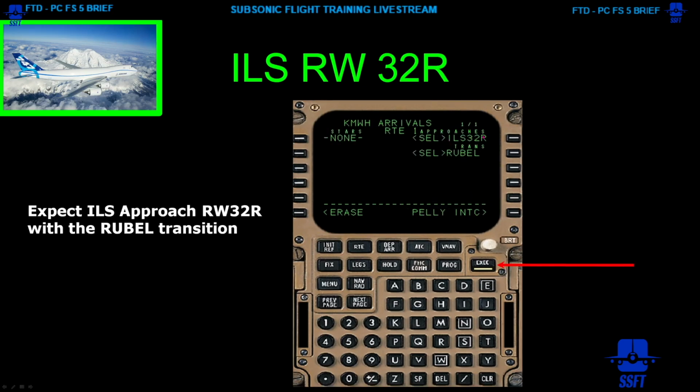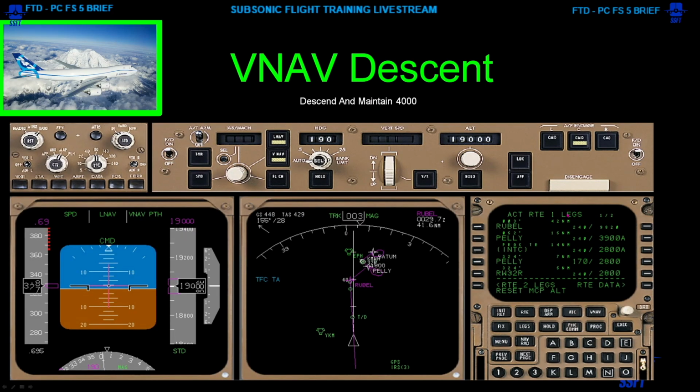And now we have the ILS 32 right, Ruble transition. They're both selected. No STARs coming in. And then we can execute that. When you execute that, this will then say active. Didn't show that, but it would say active once you execute it.